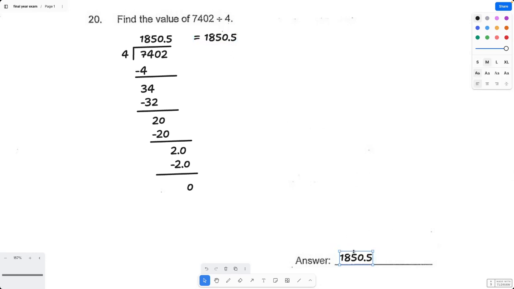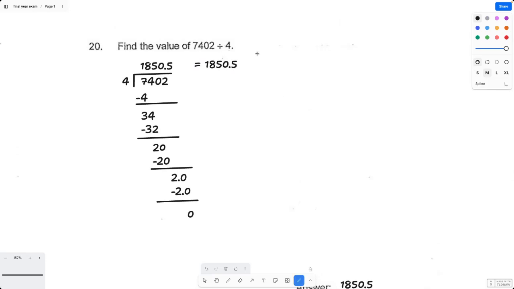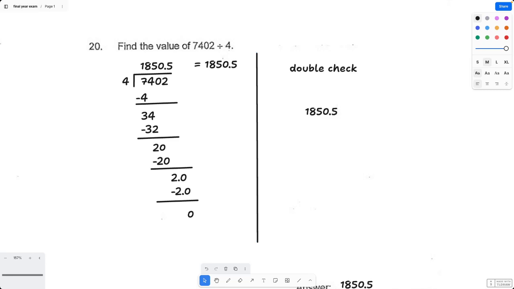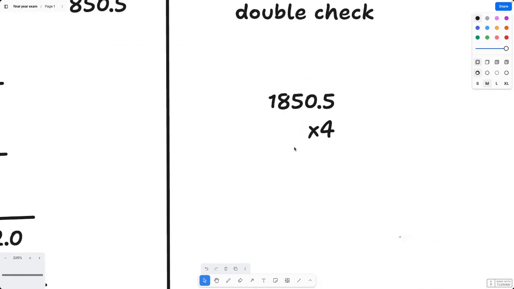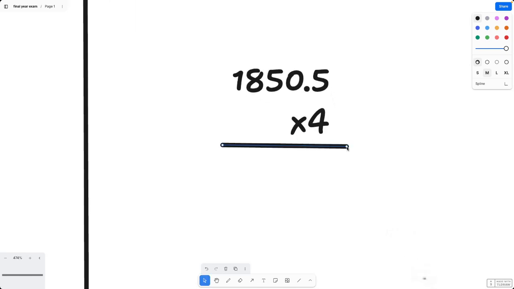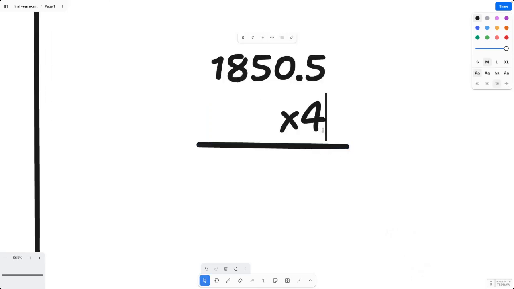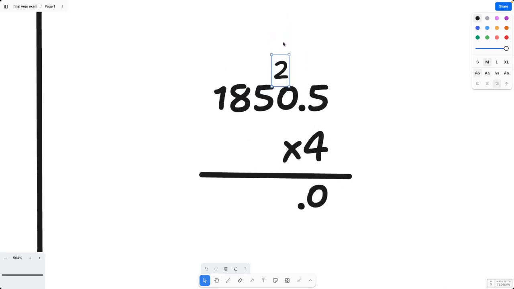I would recommend you to actually double check the work. So how do I do that? You can multiply. I'm going to write down a line over here. Double check. So we have 1850.5 and then we multiply by 4. 4 times 5 is 20, 0, then we put 2 over here. 0 times 4 is 0, plus 2 is 2.